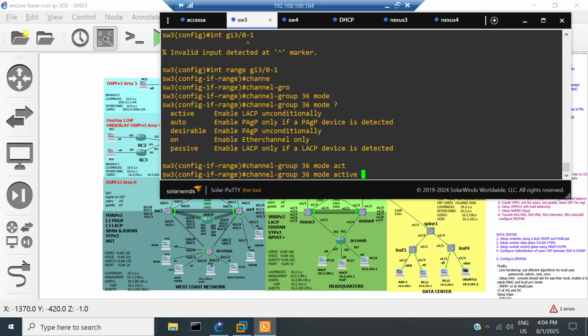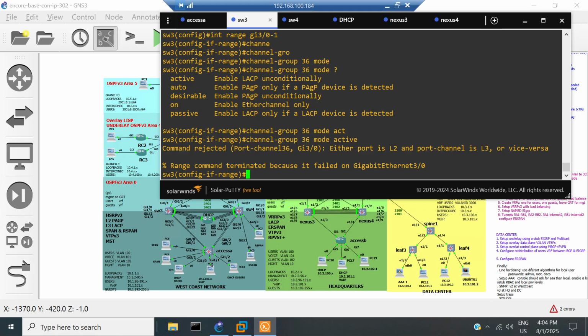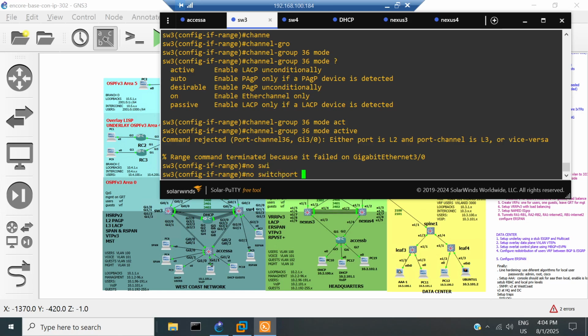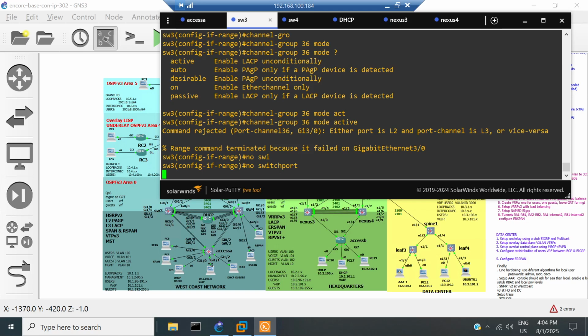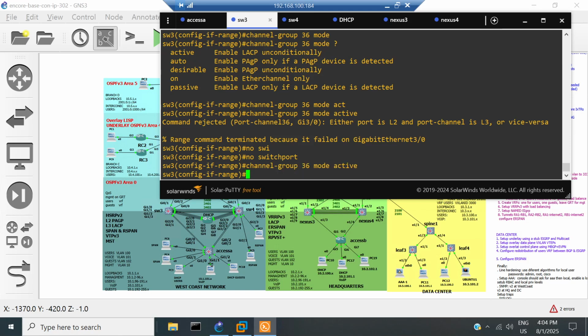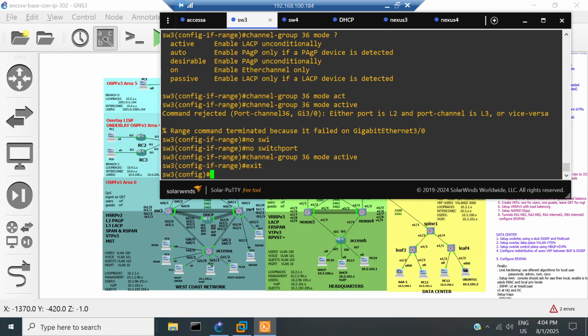Active. Oh, I have to turn them into layer 3 with no switchport. I forgot to do that. And that's it. And then I'm going to create the other LACP layer 3 EtherChannel. I'm going to call it 37.